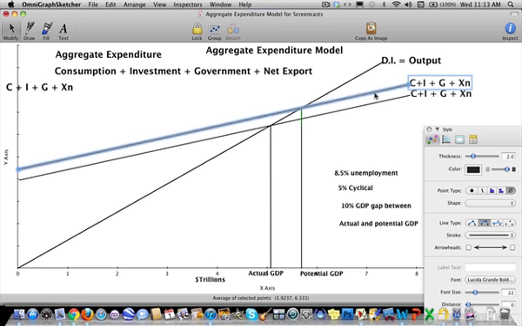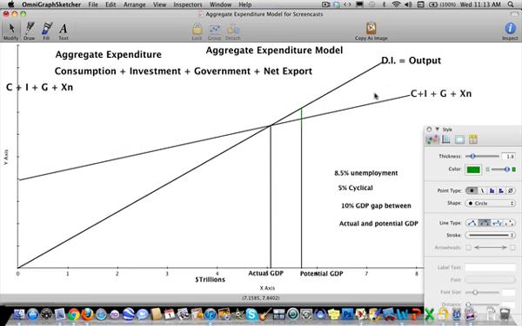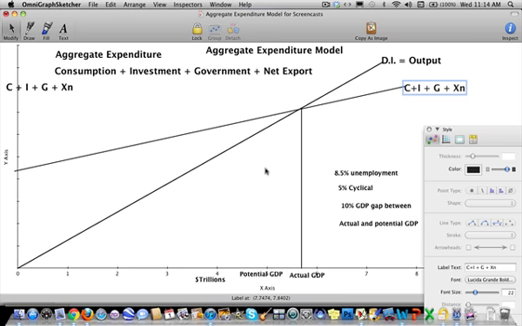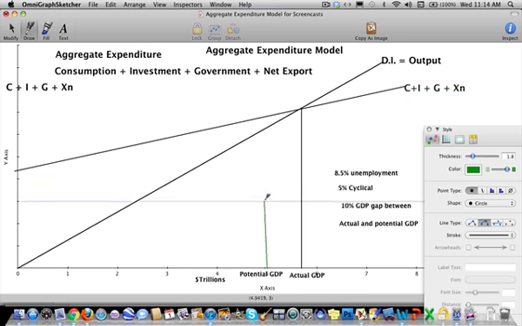What I want to introduce now is an inflationary gap. Because what if we reverse the situation? What if actual GDP is higher than potential GDP? So what if we have this situation where our actual GDP is up here, but really potential GDP is here?